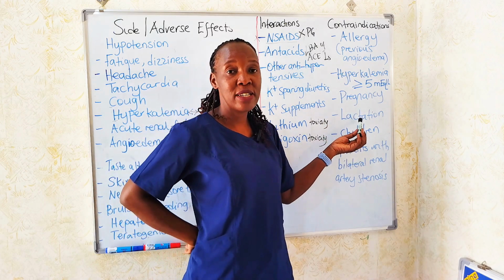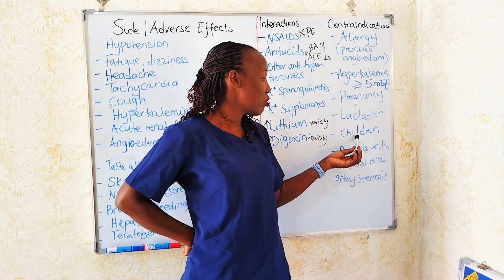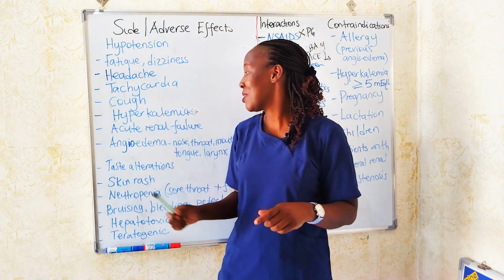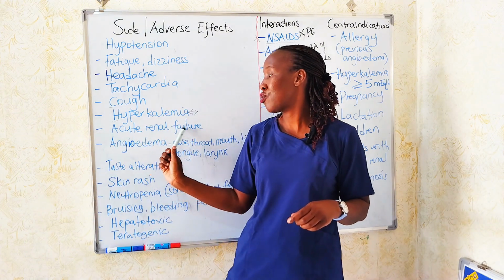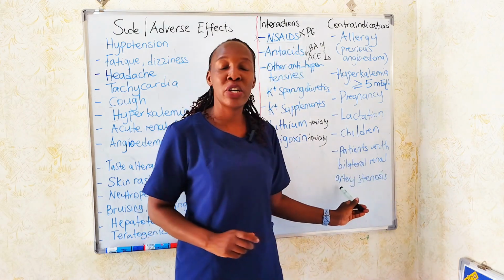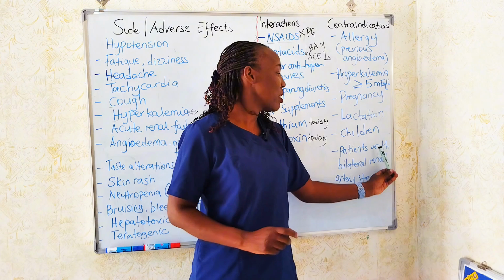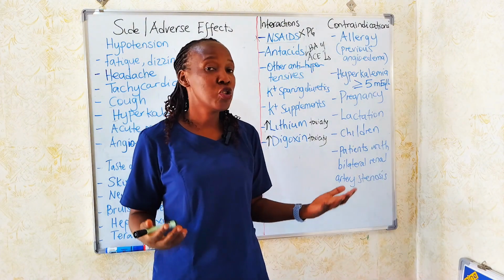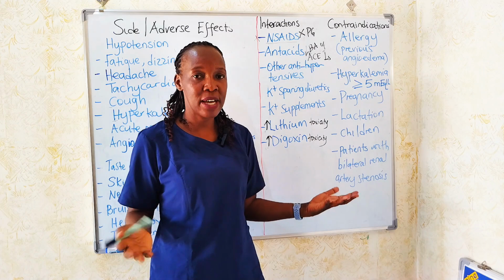Also contraindicated in lactation and in children. Then, we already saw that ACE inhibitors tend to cause acute renal failure in clients with bilateral renal artery stenosis. So if this is already diagnosed in a client, you again do not want to put them on ACE inhibitors.